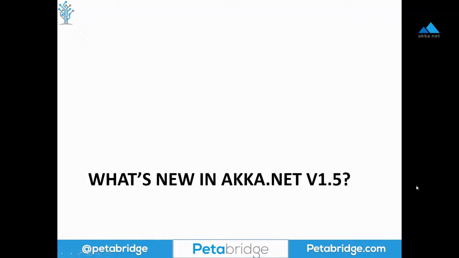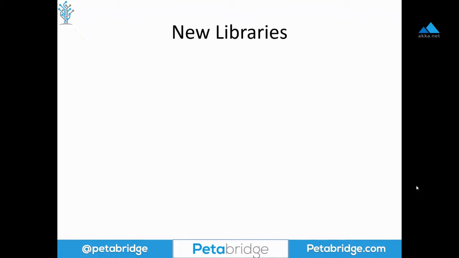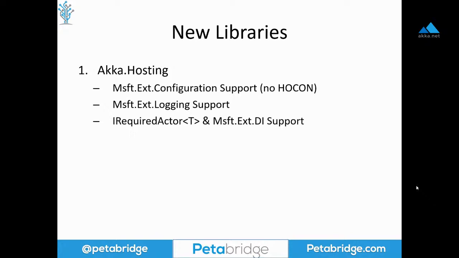So what's new in Akka.net 1.5? First, we have a bunch of new libraries. Akka Hosting is probably the star of the show for Akka.net 1.5. This is essentially our integration point with all of the Microsoft.Extensions libraries. So we have Microsoft.Extensions configuration support and logging support. We also have real dependency injection support, where you can inject Akka.net actors using a strongly typed key into non-Akka.net components.